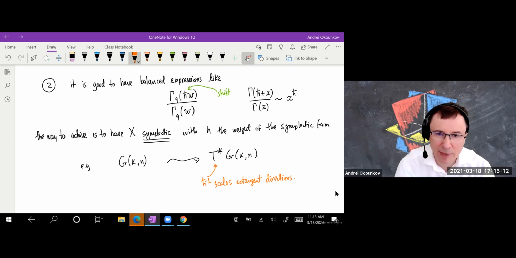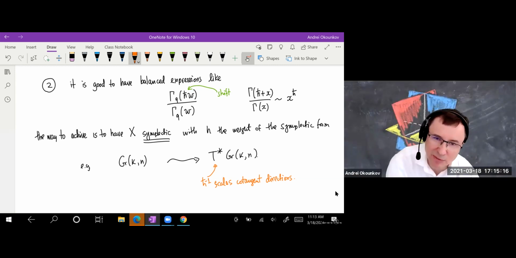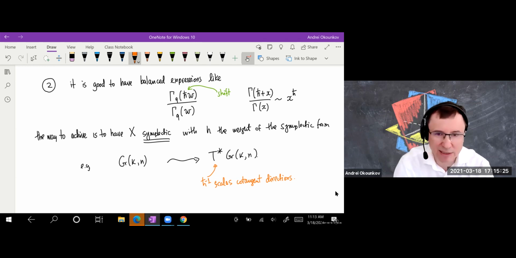I'm not going to make a big secret: this symplectic condition is what you basically need for this interpolation to succeed. Of course, you can sometimes succeed in other situations, but I don't have any general supply of examples where it succeeds.